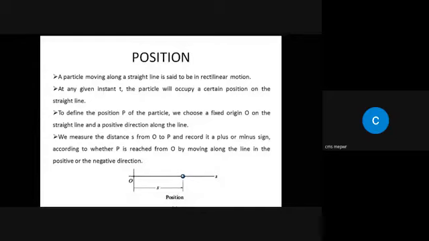Over here, this is basically P, and it is recorded as plus or minus according to whether P is reached from O by moving along the line in the positive or negative direction. So if it is moving in this direction it will be positive, and according to our convention, if it is moving in the opposite direction it will be negative. So we measure the distance s from O to P and record it with a plus or minus sign according to whether P is reached from O by moving along the line in the positive or negative direction.